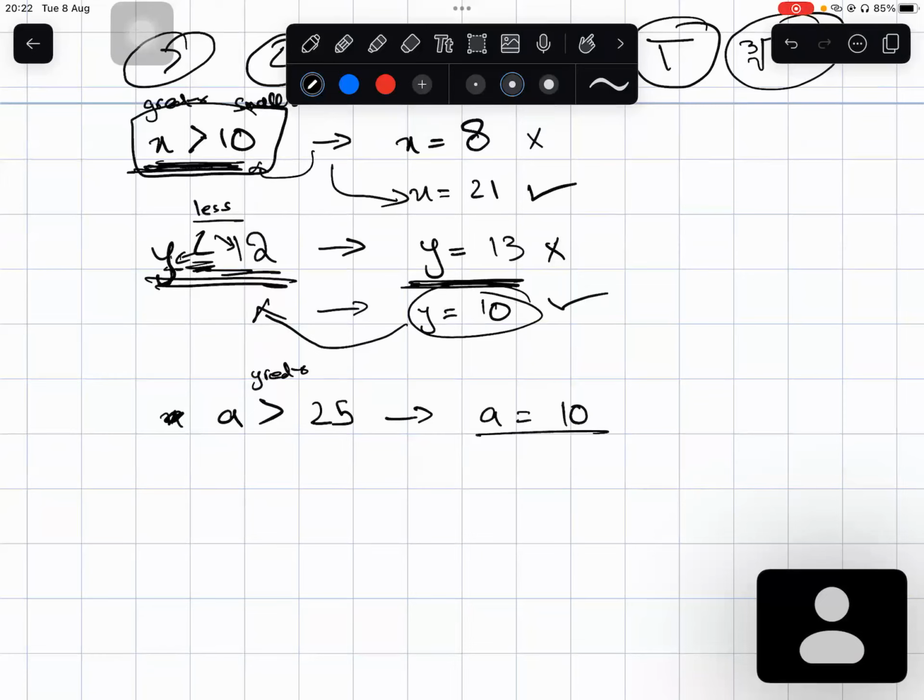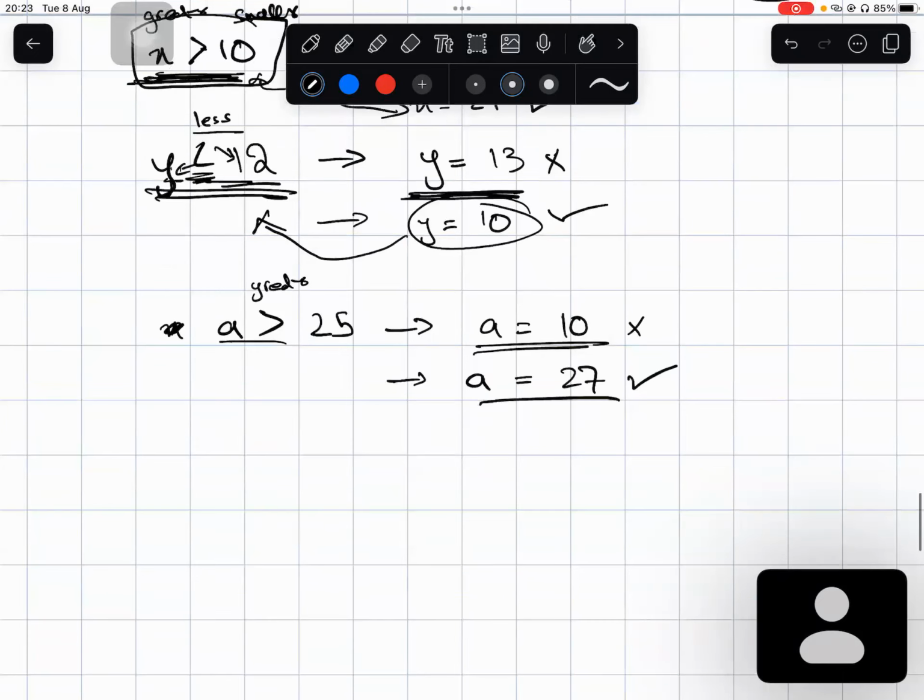Would this be correct or would this be wrong? The wrong one is A equals 10. Absolutely, because this is the condition and this does not satisfy the condition. If I write A is, for example, equal to 27, how about now? Then this is correct, absolutely right.